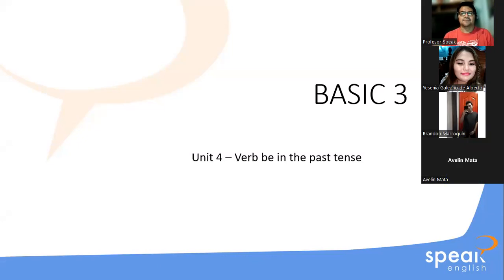Is, are. That is correct. Am, is, and are. When do we use am? With I. I am. When do we use is? He is, or she is.